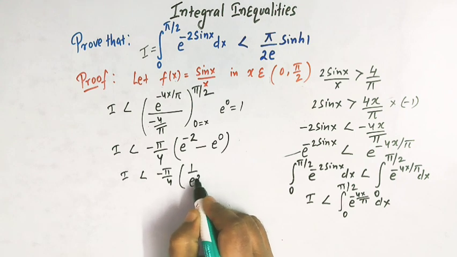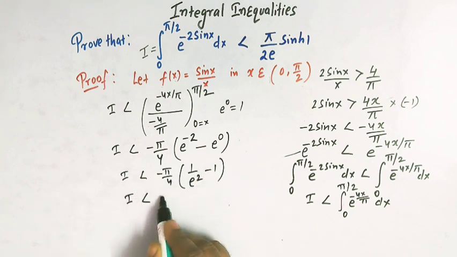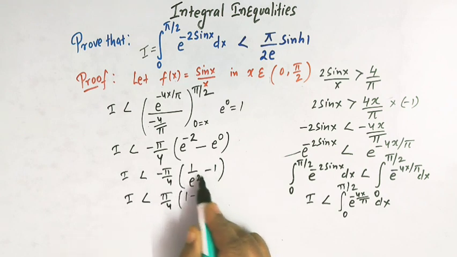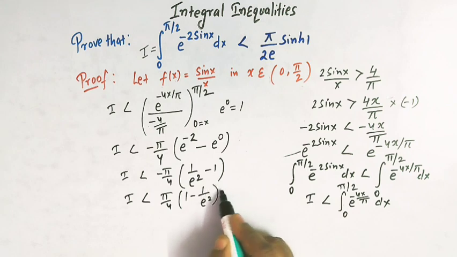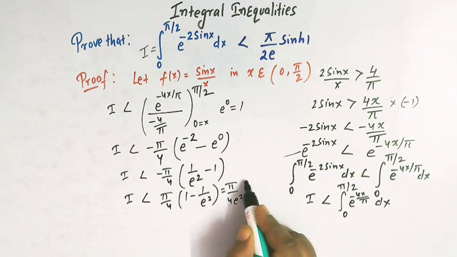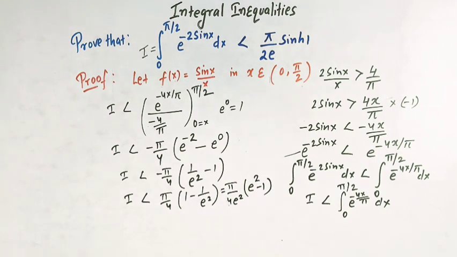So we have I less than minus pi by 4, and we have 1 over e square minus 1, so I can be written as pi by 4 times 1 minus 1 over e square, and this is pi over 4e square times e square minus 1.